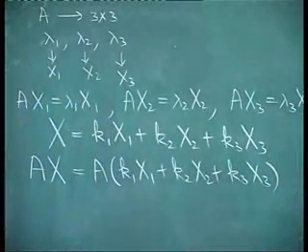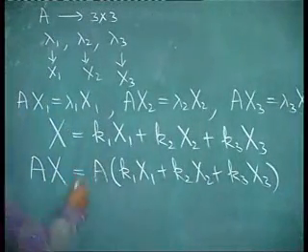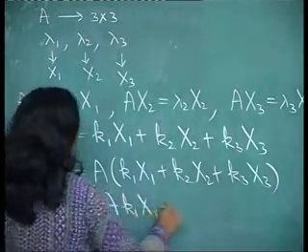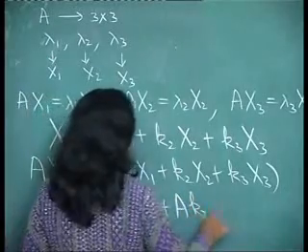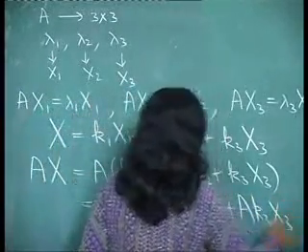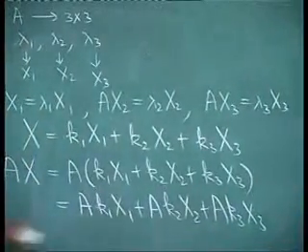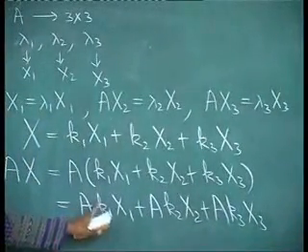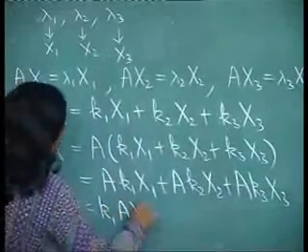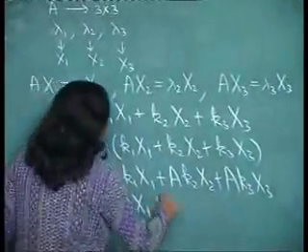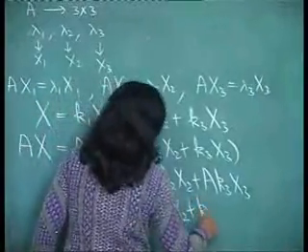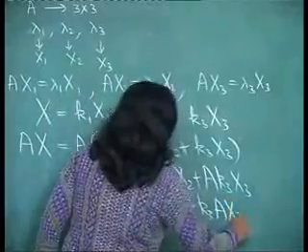Matrix multiplication is distributive over addition. So when I open out the brackets, I get A times k1 into x1 plus A times k2 into x2 plus A times k3 into x3. Now the scalar has the freedom to move in the product. So I could write this as k1 times Ax1 plus k2 times Ax2 plus k3 times Ax3.